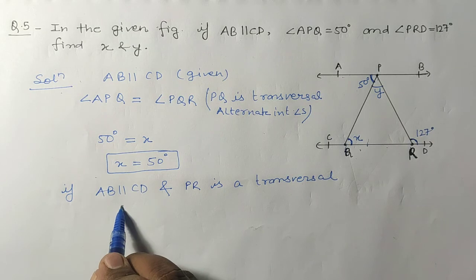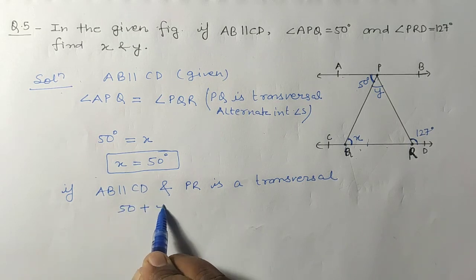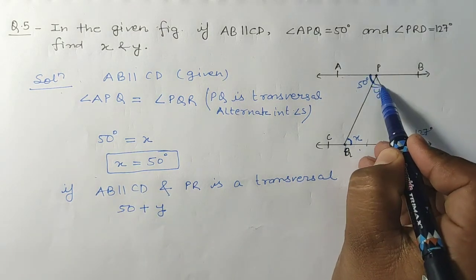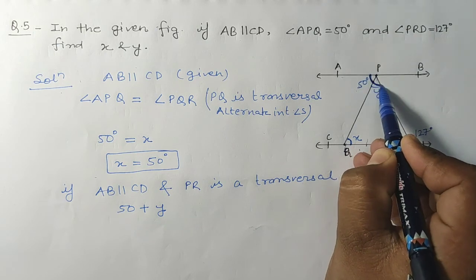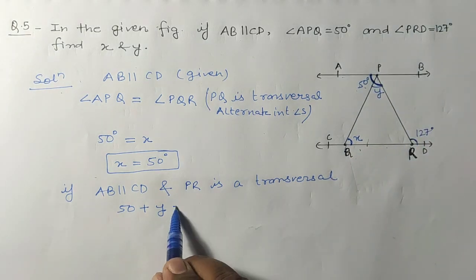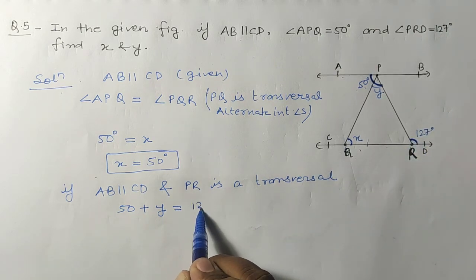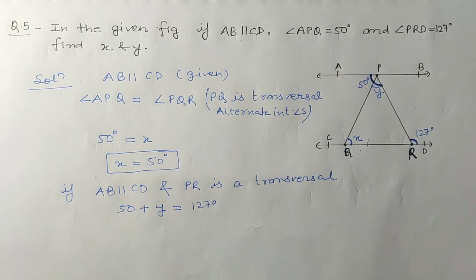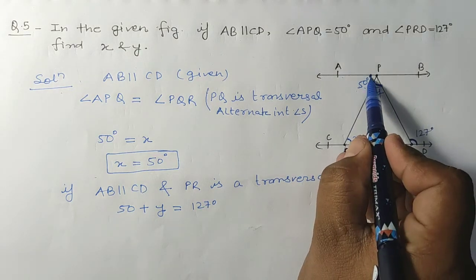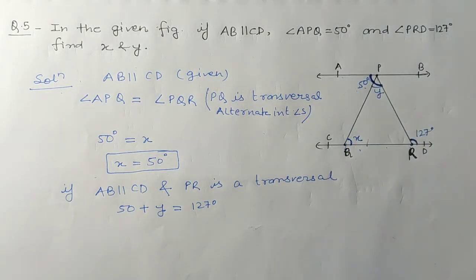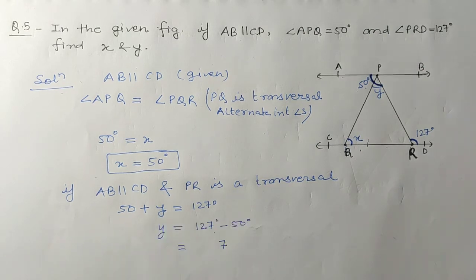Then students, this 50 plus y means this whole angle. Okay, whole angle is what? 50 plus y, na? So this 50 plus y is equal to 127 degree. Are you getting? See, this whole angle 50 plus y is equal to 127 degree, and 12 minus 5, that is also 7. So y is equal to 77 degree.